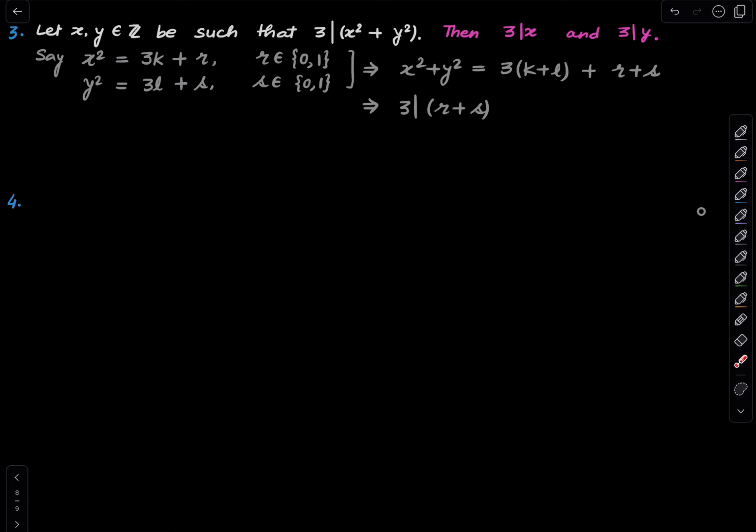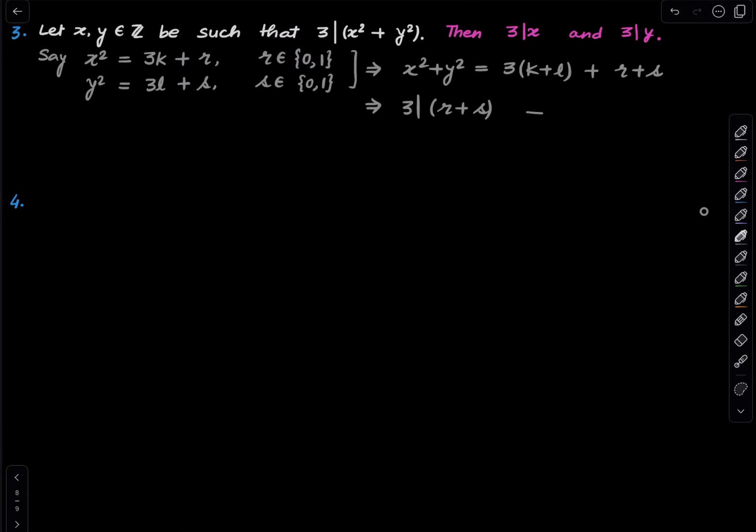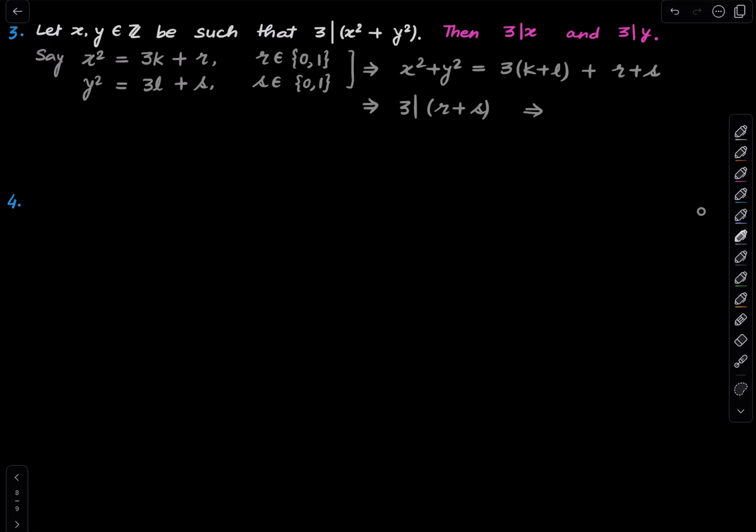And r and s are in this region, 0 or 1. r can take two different values, and same for s. For what values of r and s can this happen? Just think about it. This can happen only when r and s are both 0. This implies r and s are both 0, and therefore x squared is 3k and y squared is 3l.